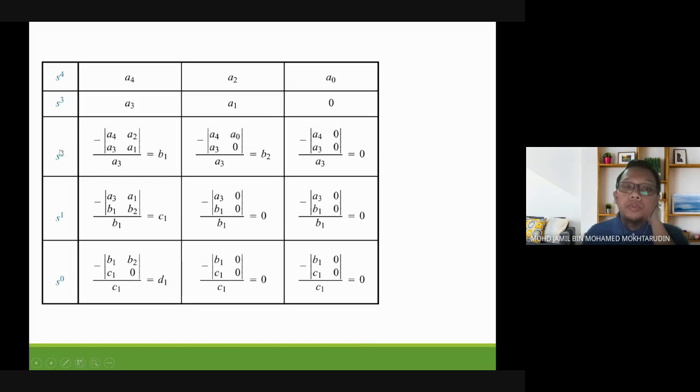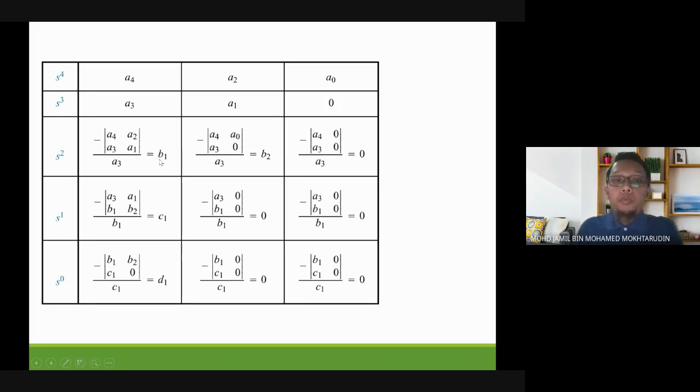And then we want to find the remaining rows, s2, s1, and s0. So we just follow this formula. You don't need to memorize each of the spaces; there is a pattern in this formula.